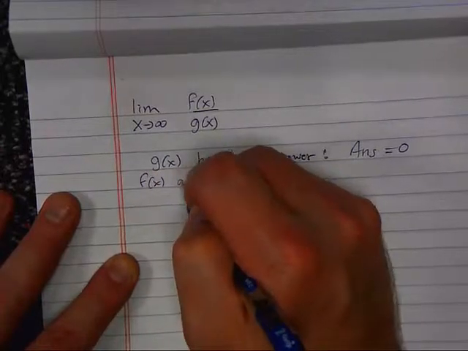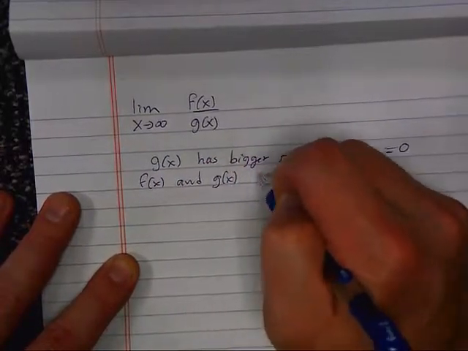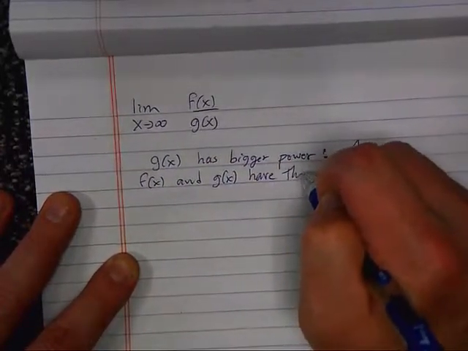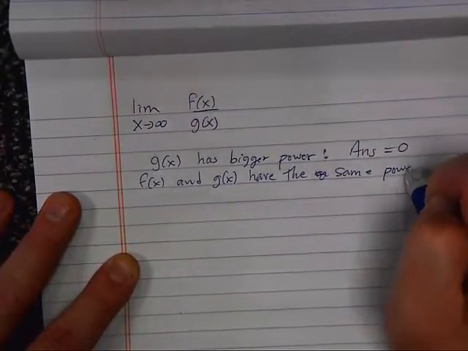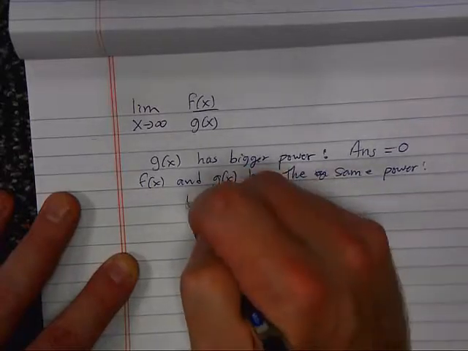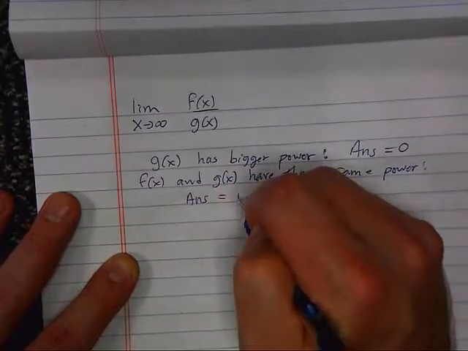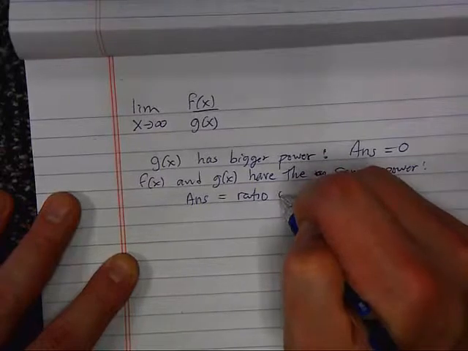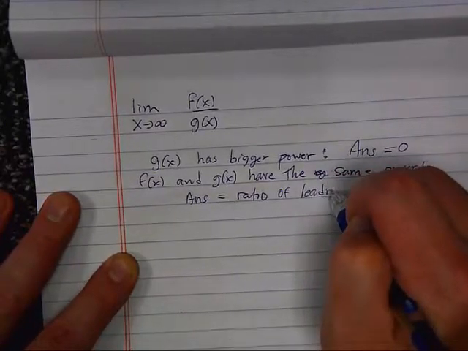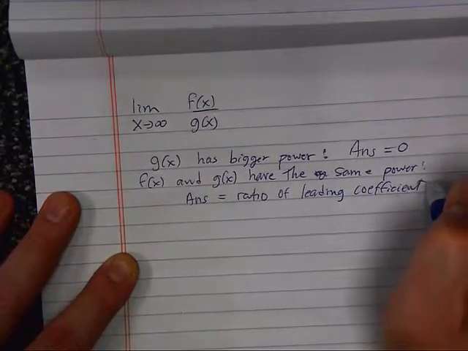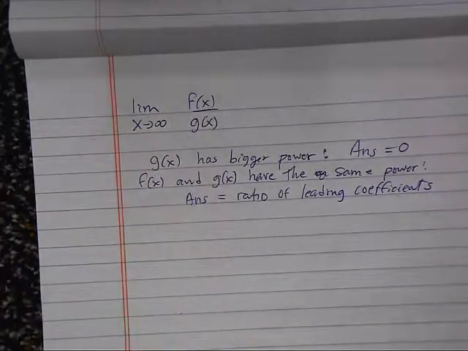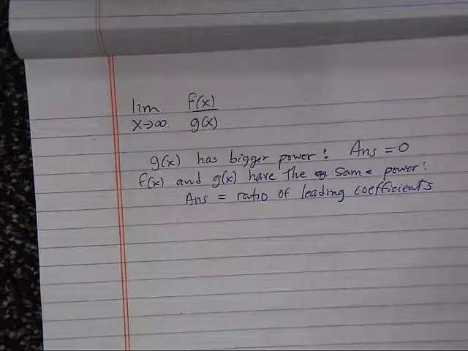If f of x and g of x have the same power, the answer is the ratio of the leading coefficients. And by leading coefficients, you don't mean the two numbers out front. You mean the coefficients of the biggest powers, right? Correct.